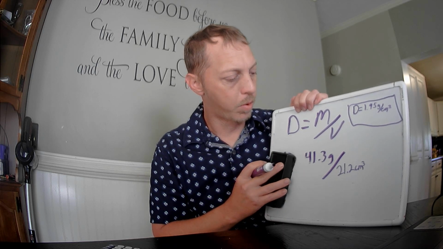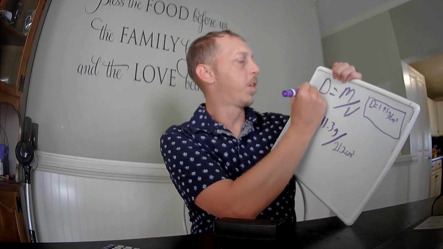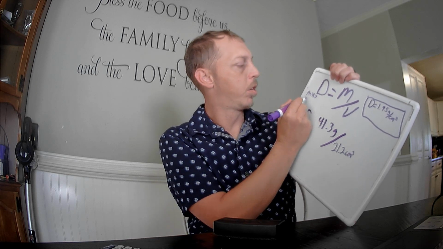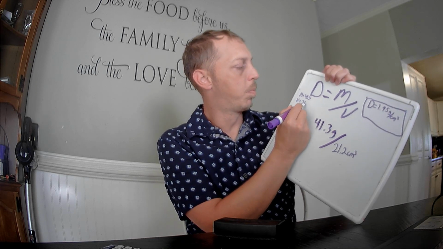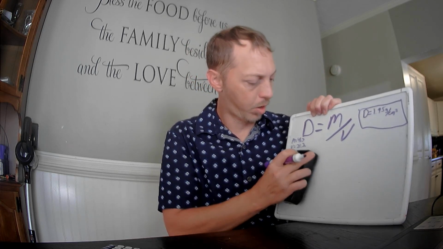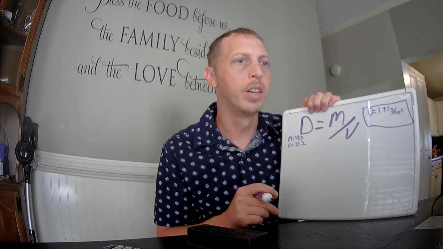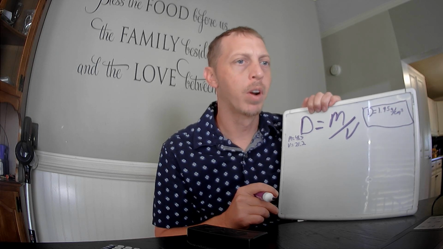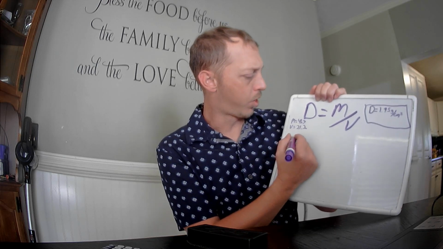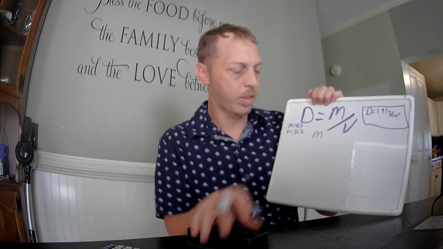All right, 41.3. Here, I'm going to write right here so I don't lose everything. Mass is 41.3. Volume equals 21.2. All right, so when I erase this, what would happen if I had the density and I had the volume? How would I try to figure out the mass? So if I have the density, let's see, we'll go with mass.